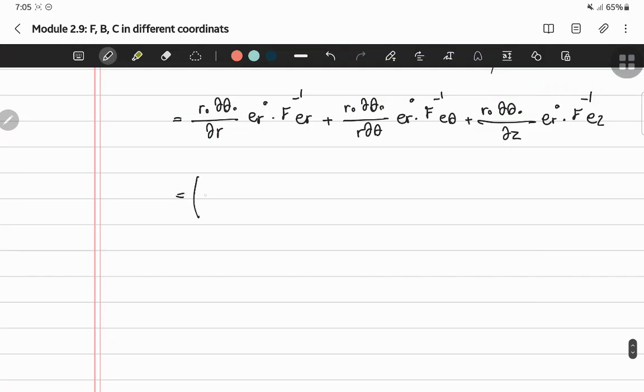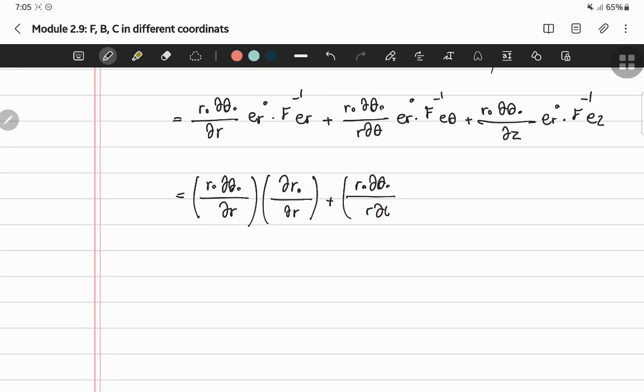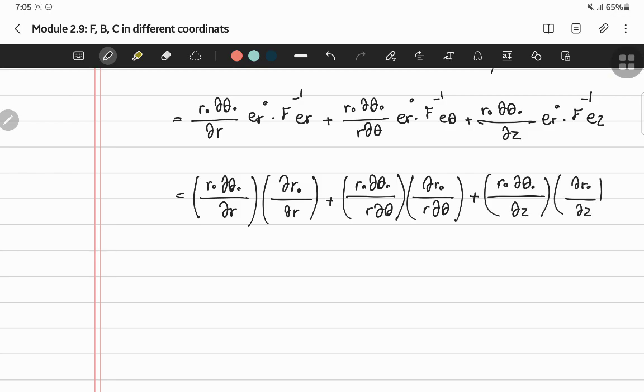So this is R0 partial derivative theta R. Then this is basically R0 R plus 0 theta 0 R theta plus R0 theta 0, then Z is partial derivative 0 with respect to Z.